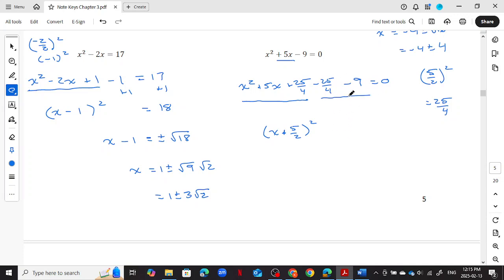Now, when I'm adding fractions, feel free to use a calculator or don't be afraid of them. I'm going to create that common denominator of 4, so I'm going to multiply the 9 by 4 over 4. So then I end up with x plus 5 halves all squared minus, whoops, I wrote a 24. It's a 25.